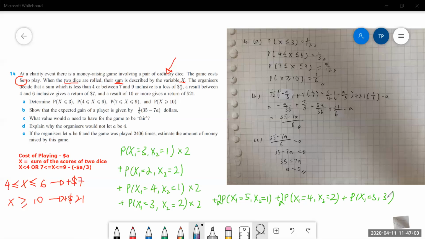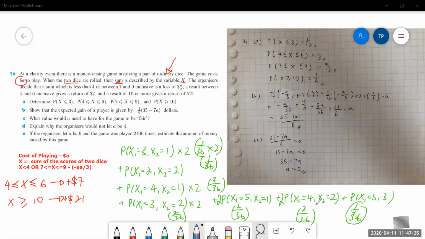So what we have here is 1/36 times 2 plus 1/36 times 2, which is 2/36, 2/36 again, 2/36 again, 2/36 again, 1/36.